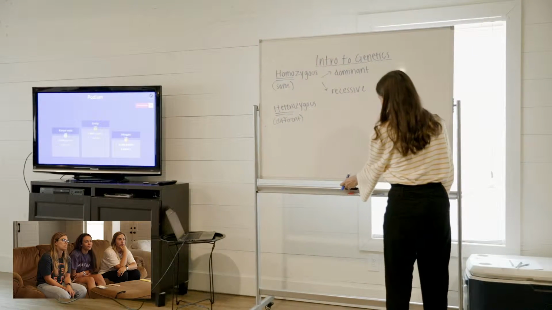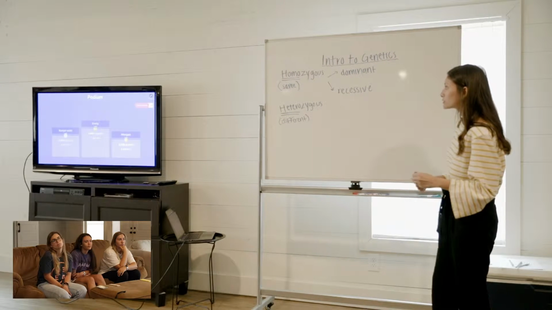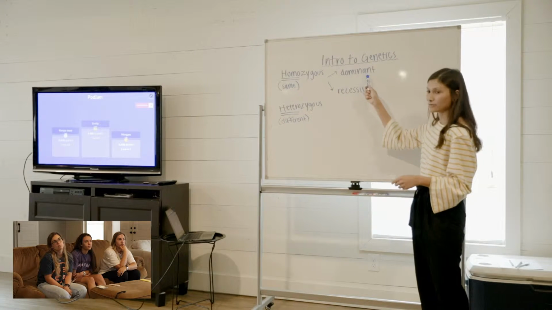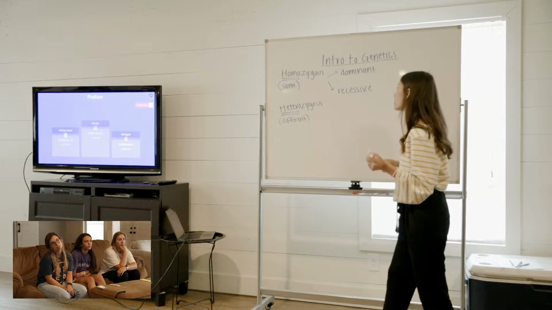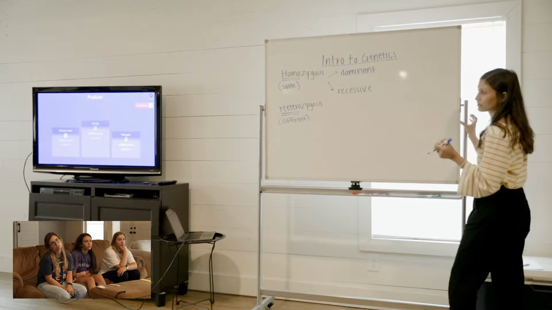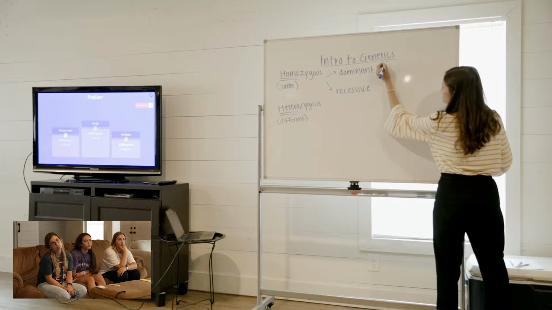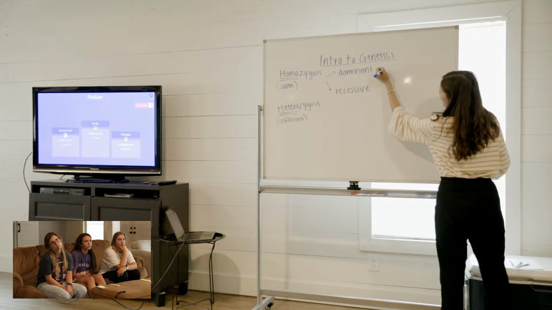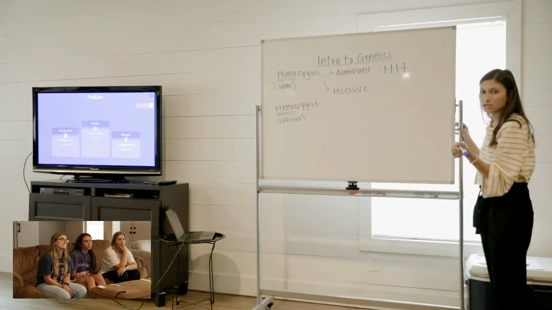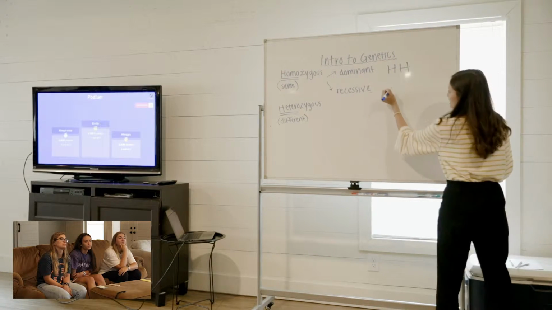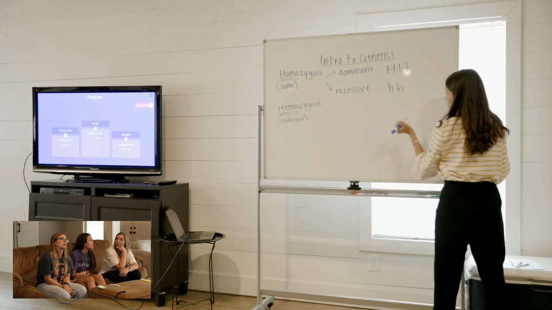Okay. So we have homozygous dominant and recessive, and homo means same. Homozygous dominant, like y'all saw earlier in the Kahoot, we're going to indicate with the letter H, and it's going to be two big H's. Recessive is going to be two little h's.